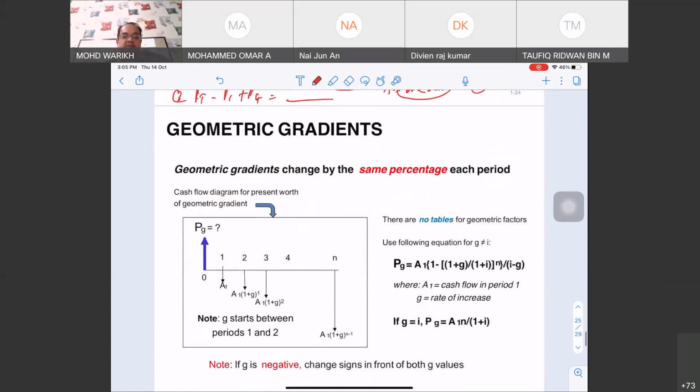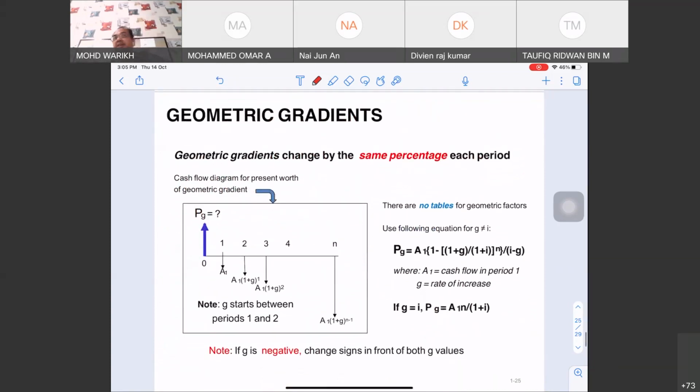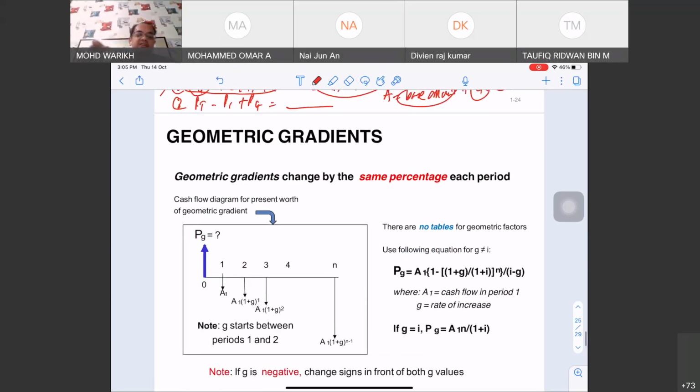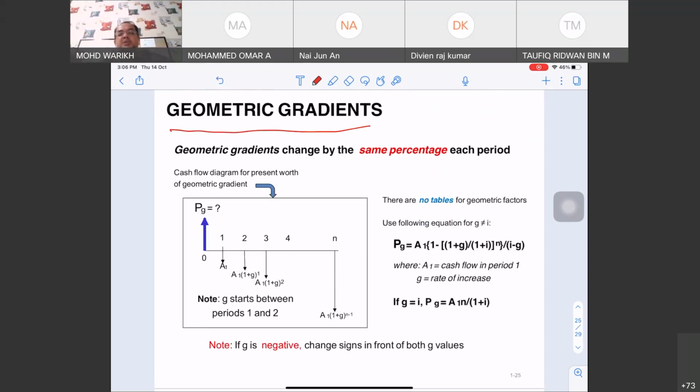So we go next, about the geometric. Just now was the arithmetic gradient. That means if you use the arithmetic gradient, you can refer to the table. But the geometric gradient doesn't exist in the table. If you refer to the table, there is no geometric gradient.